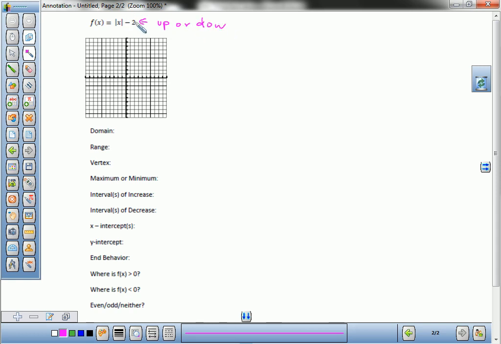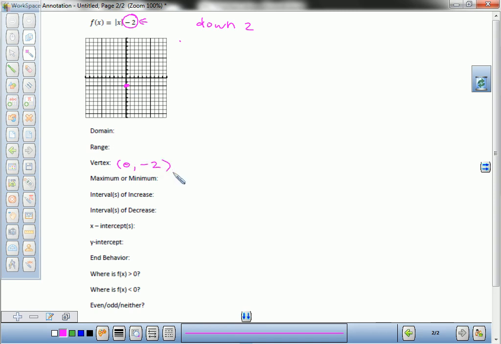Now, because this is -2, this one actually means down 2. So all we do is we take that function we just learned about, and the vertex now goes down 2 units. So instead of being 0, 0, it's at 0, -2.